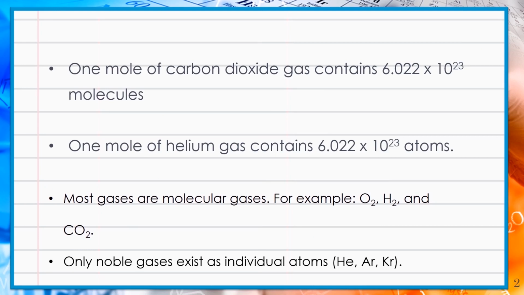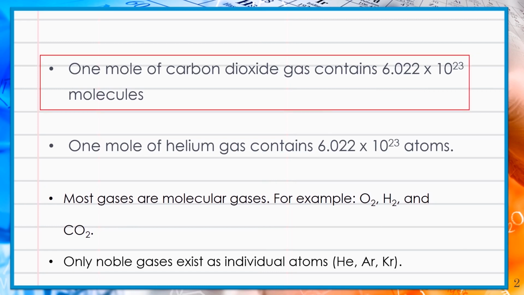Remember, most gases contain molecules rather than atoms. For example, oxygen, O2, hydrogen, H2, and carbon dioxide, CO2, are molecular gases. Only noble gases exist as individual atoms, such as helium, argon, or krypton.